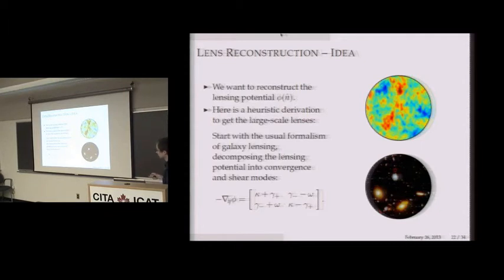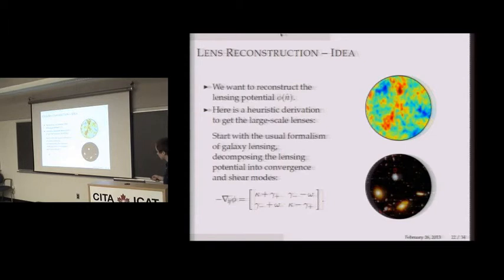So here's the idea. It's similar to the estimators from the first part of the talk. And there's a nice connection to galaxy lensing, right? So if you decompose the lensing potential into convergence and shear modes, in galaxy lensing, the shear modes you can measure by assuming that galaxies are randomly oriented. So you measure the orientation of a large number of galaxies, average to beat down the shape noise.